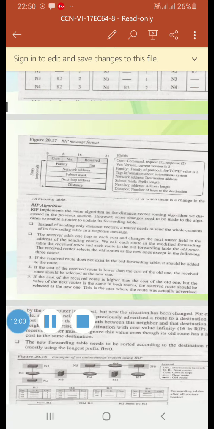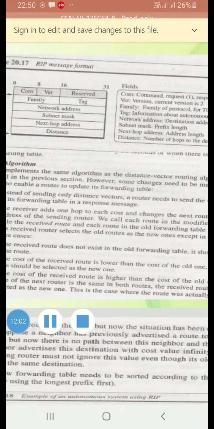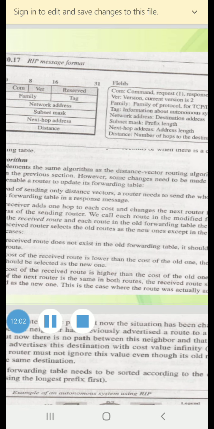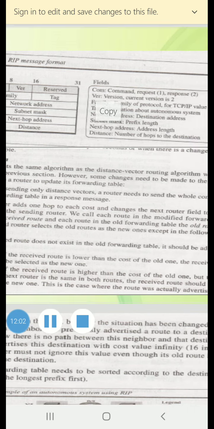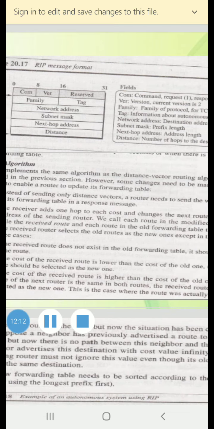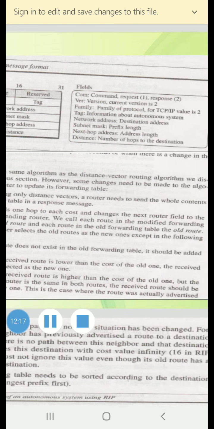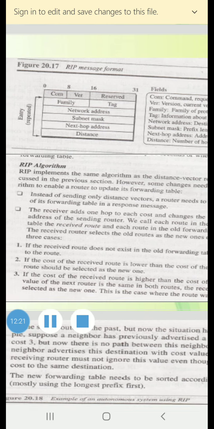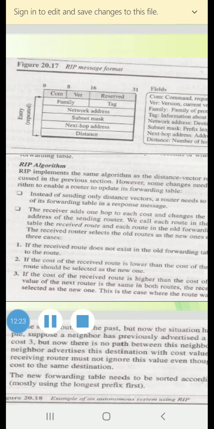RIP algorithm. RIP implements the same algorithm as the distance vector routing algorithm. However, some changes need to be made to the algorithm to enable a router to update its forwarding table.